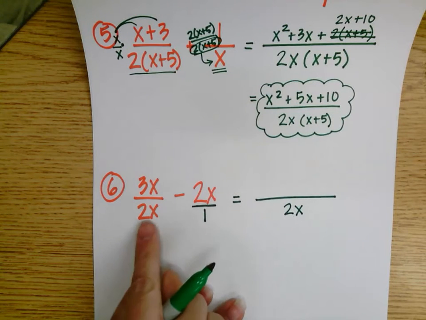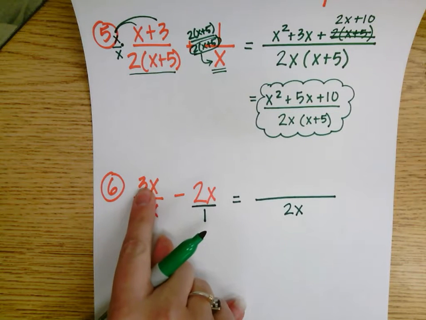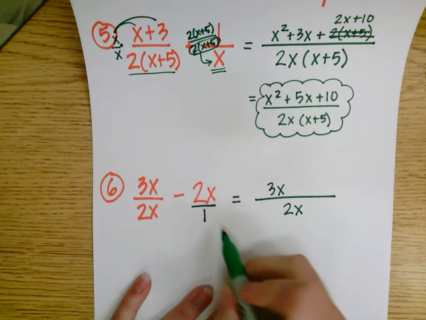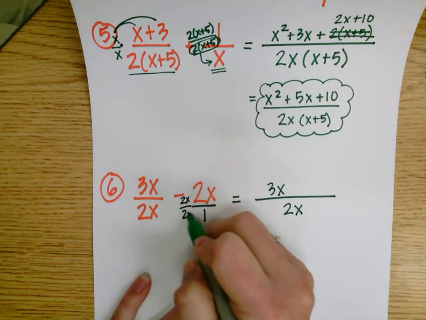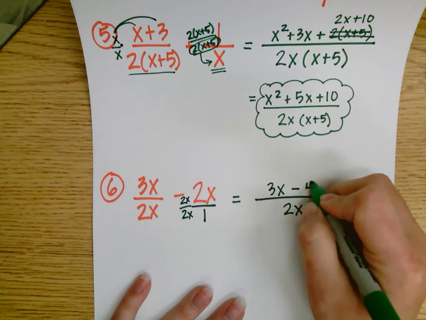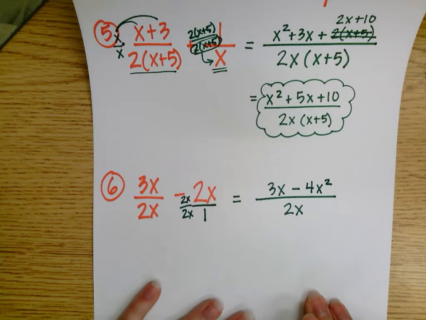If I already have the common denominator and it matches, no change happens to the numerator. But here I need to multiply by 2x over 2x, so that here I get a minus 4x squared, because 2x times 2x is 4x squared.